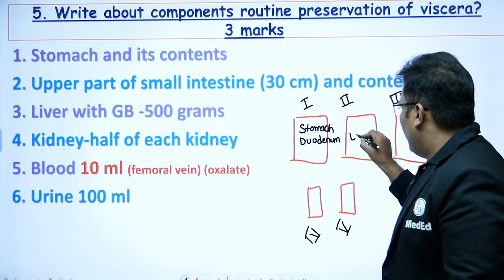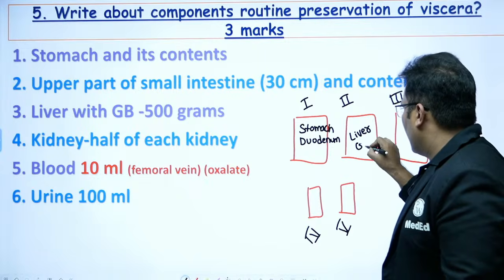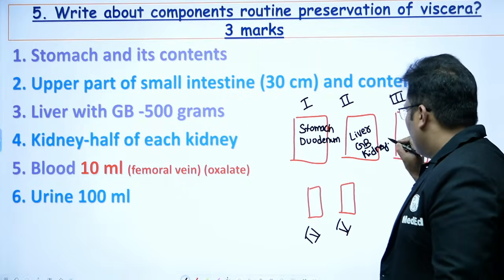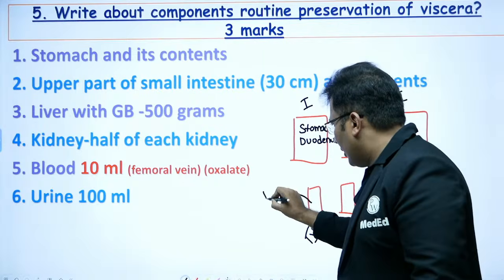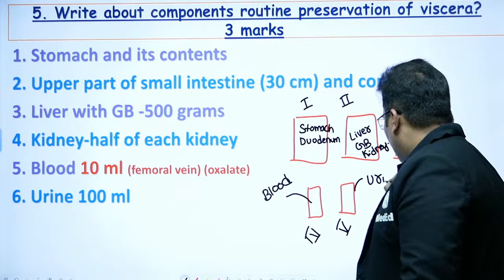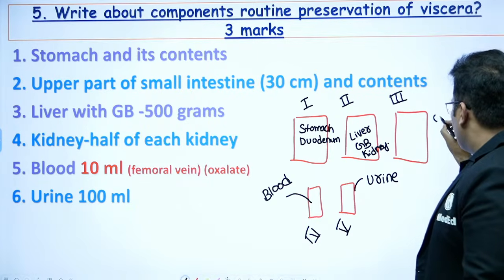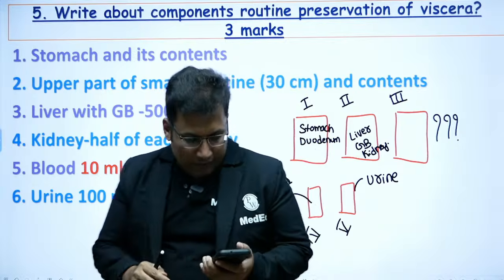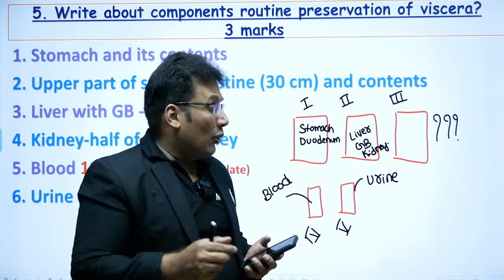In bottle number 2, liver along with the gallbladder, along with the kidney. Here blood and here urine. So my question is, what is this bottle? Look and tell me, what could this be?